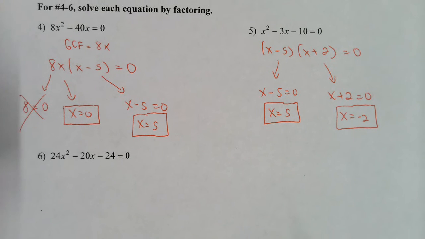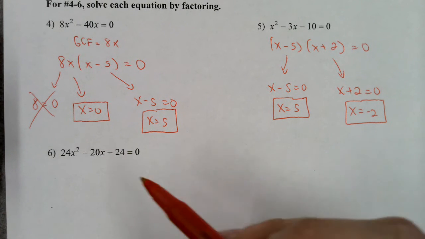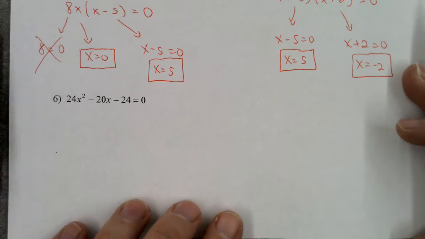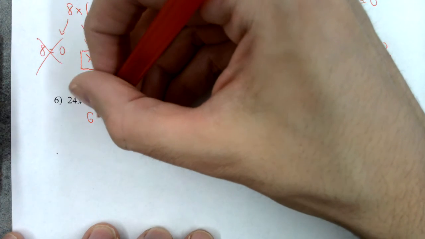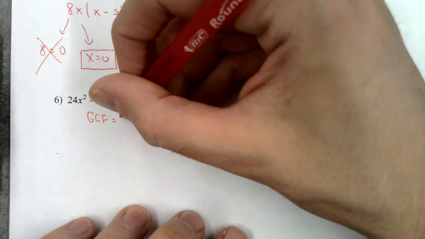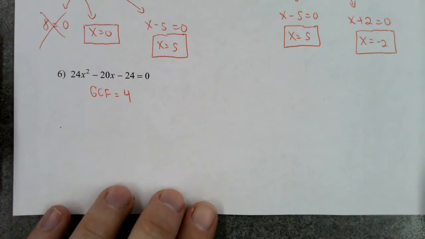Okay. Now number 6, this is a trinomial. It's not 1x squared, so this is the long one. This one also has a GCF, so let's take out the GCF first. The GCF looks like it is 4. So you factor out the GCF first.